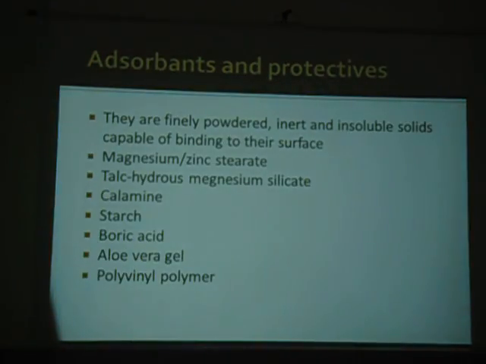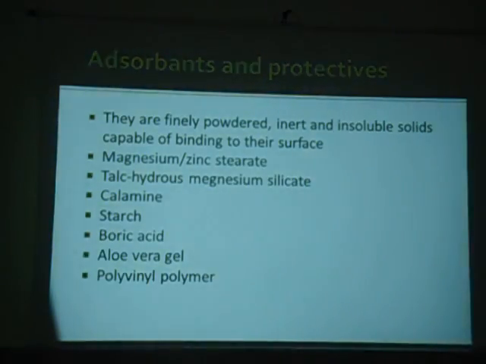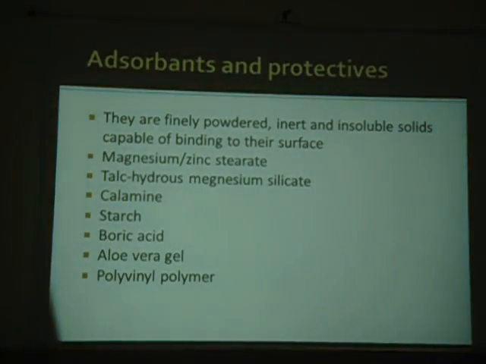So adsorbents and protectives are finely powdered, inert and insoluble solids capable of binding to the surface. These agents are magnesium stearate, zinc stearate, magnesium silicate. Talcum powders contain these things. Then calamine lotion is there, which is universal.